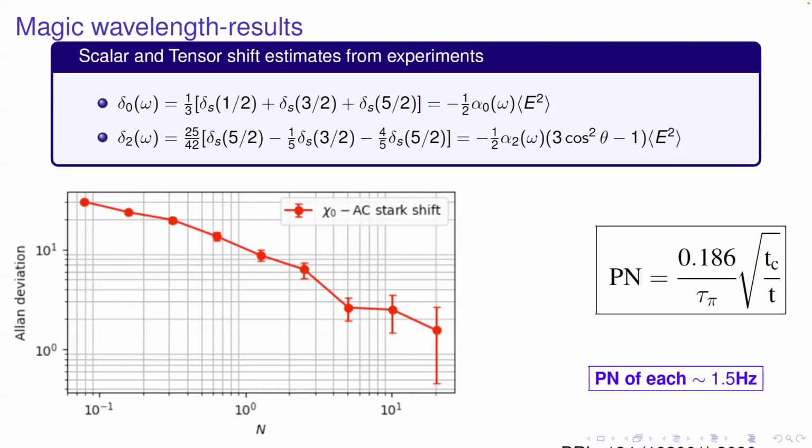I can measure 1.5 hertz projection noise, corresponding to my measurement setup. What does it mean? It means I can measure frequency accurate to 1.5 hertz. This is the capability of this experimental setup.